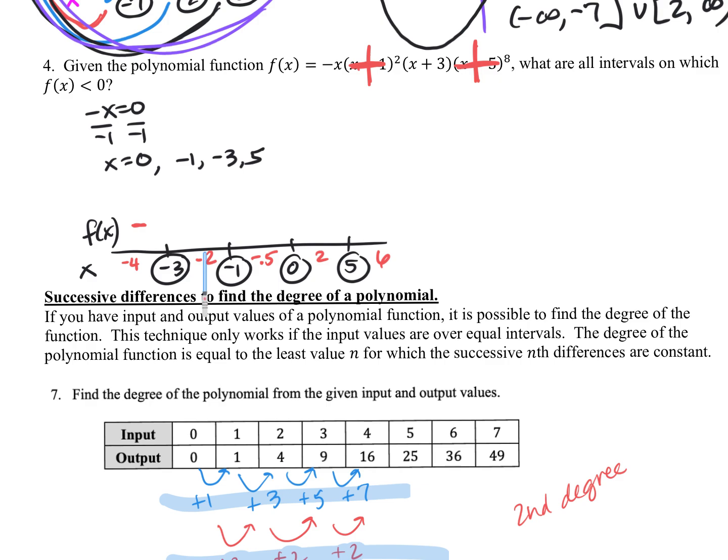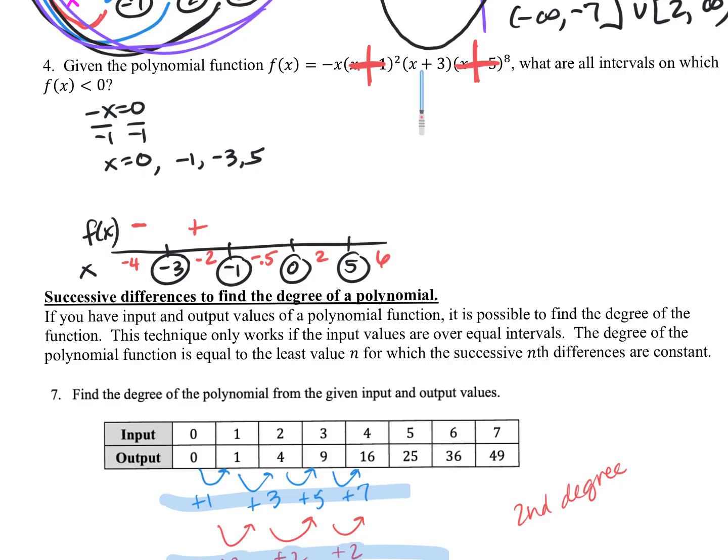What if I plug a -2 right here? Yep, positive. -2 right here. Positive. Positive times a positive. Beautiful. -0.5 right here.